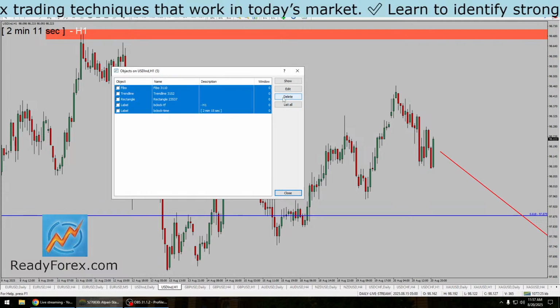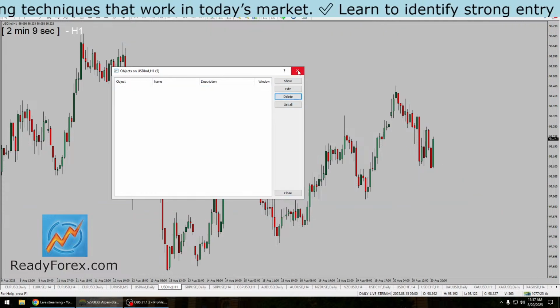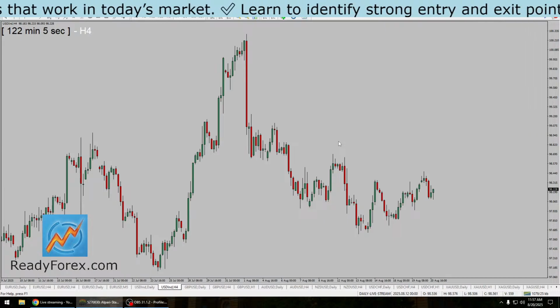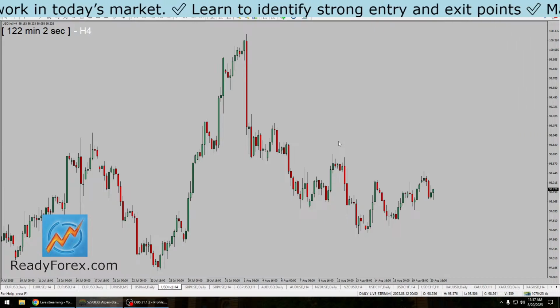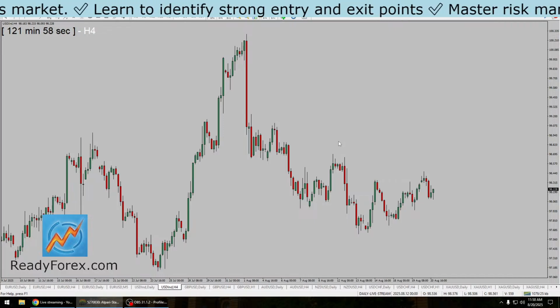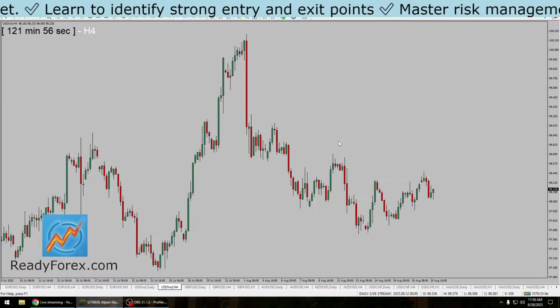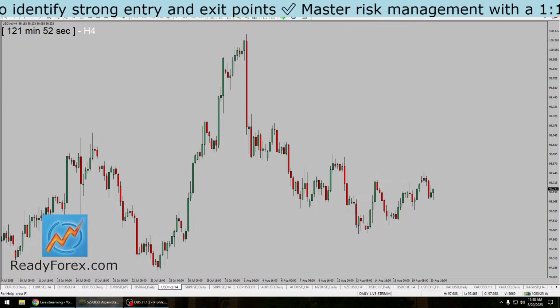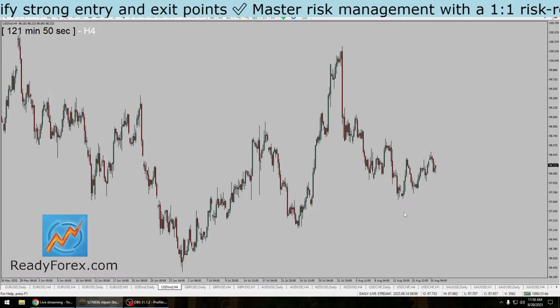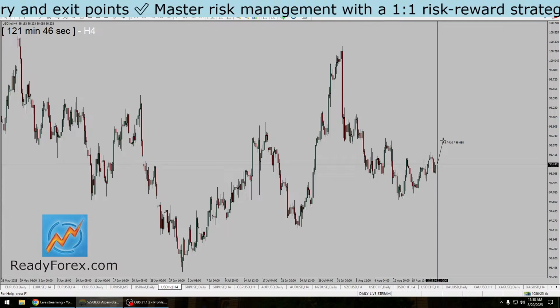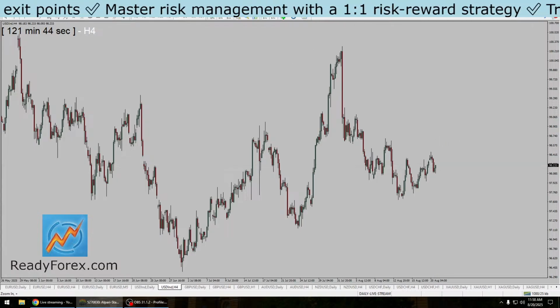Okay, so go here. Here's the 4-hour. And the 4-hour is telling me that market wants to go up. Okay, and we might get a retest over here.